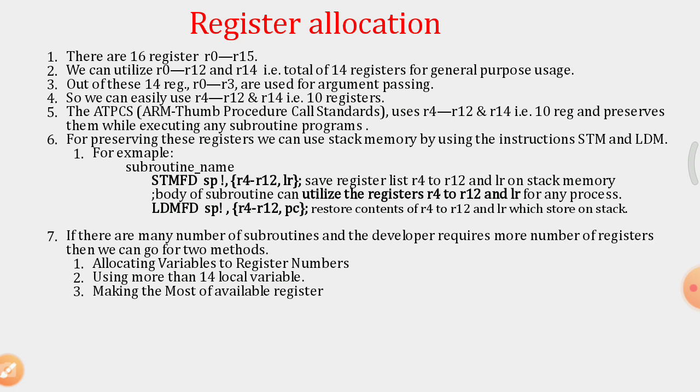Second is using more than 14 local variables. And third is making the most of available registers. So we'll go one by one. First we'll see allocating variables to register numbers. So how can we use many registers in different subroutine programs?